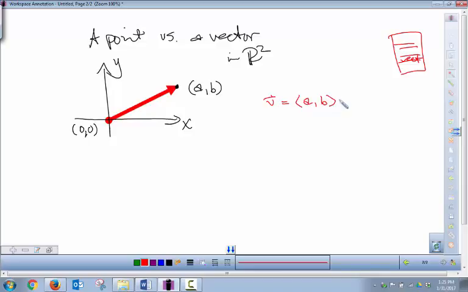So one way to denote vectors is with these alligator brackets, to say that a vector whose tail is at the origin and head is pointing at the point AB, you can write that vector as <A, B>. This, by the way, is a vector in standard position.